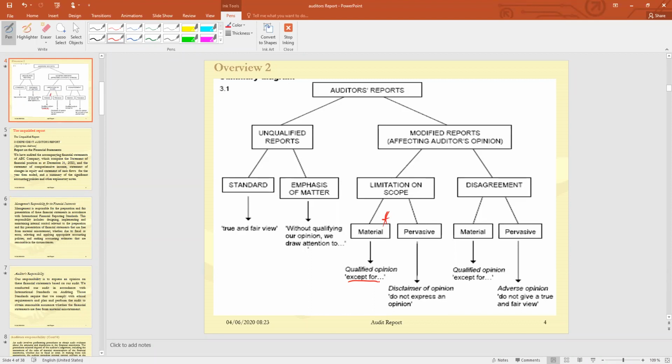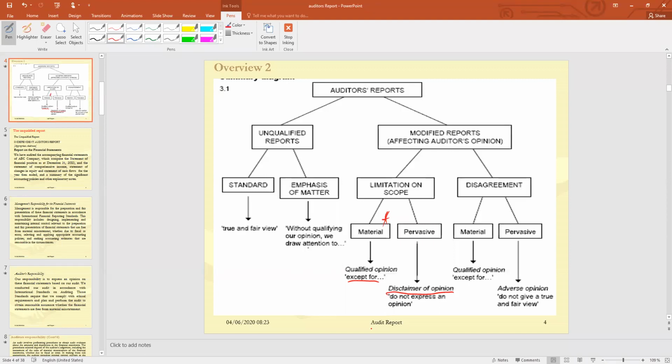If the impact of the scope limitation is both material and pervasive, then you disclaim the opinion. That is called the disclaimer of opinion.